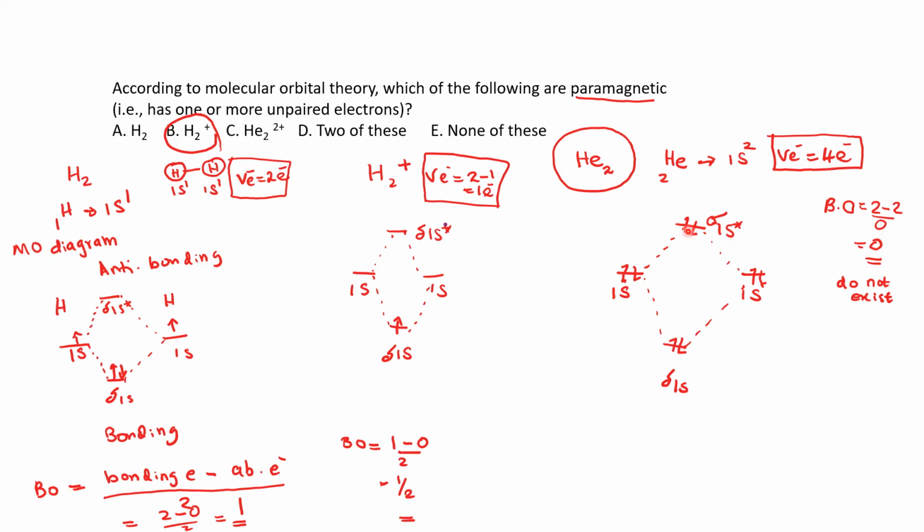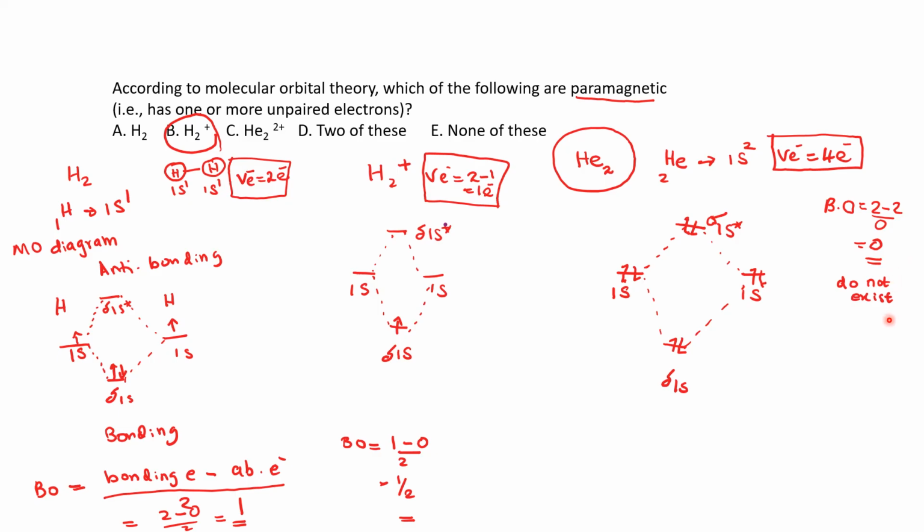When you draw the molecular orbital diagram, we put 2 electrons in the bonding orbitals, and the remaining 2 electrons go in the anti-bonding orbitals. If you count the bond order, we have 2 bonding electrons, 2 anti-bonding electrons, and excuse me, here you should divide it by 2, not 0. And the answer is 0.